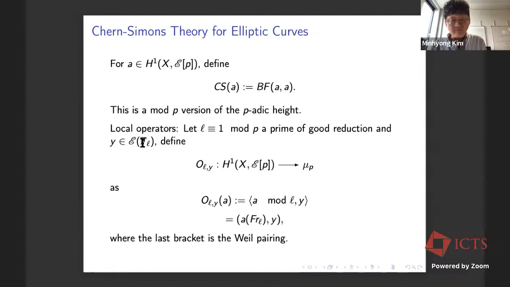It depends on the prime data and an auxiliary data that's really local at L, but it's sort of behaving like this choice of representation. So you get this local thing.